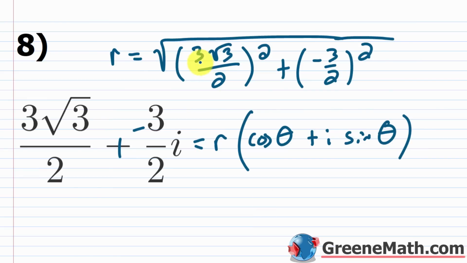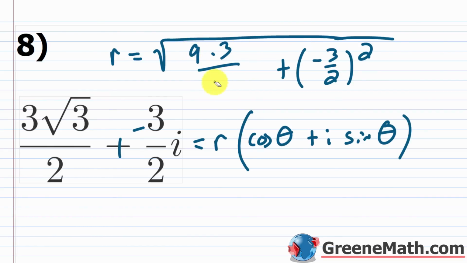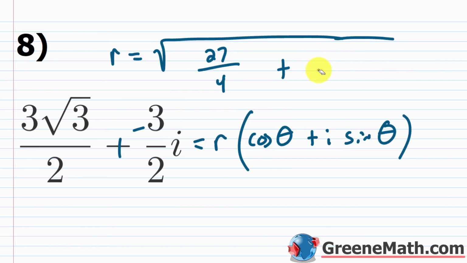Okay, so 3 squared is 9. Let me get rid of this and write this as 9. Square root of 3 squared is 3. And then 2 squared would be 4. So essentially, this is going to be 27 over 4 like this. Over here, the negative would go away. 3 squared is 9. 2 squared is 4. So this would be 9/4 like this. And essentially, if you add 27 plus 9, that would be 36.